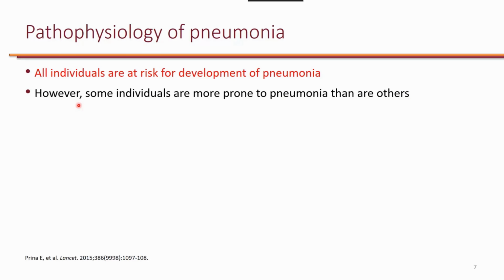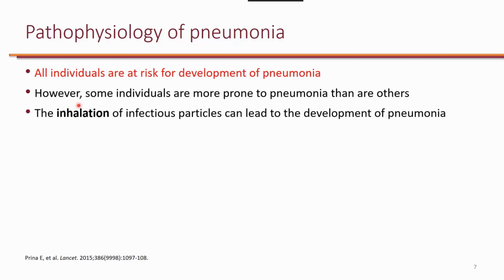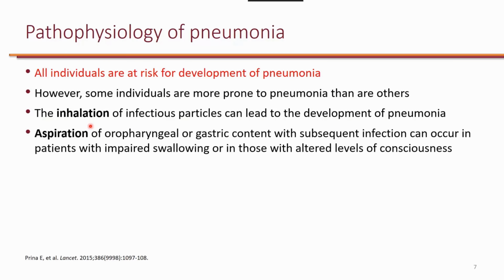Now, some individuals have a higher risk of getting pneumonia. There are different ways of getting pneumonia. Inhalation is the most common route. Inhalation of infectious particles is the primary route that leads to development of pneumonia. Aspiration of oral flora can also lead to pneumonia, which we call aspiration pneumonia.